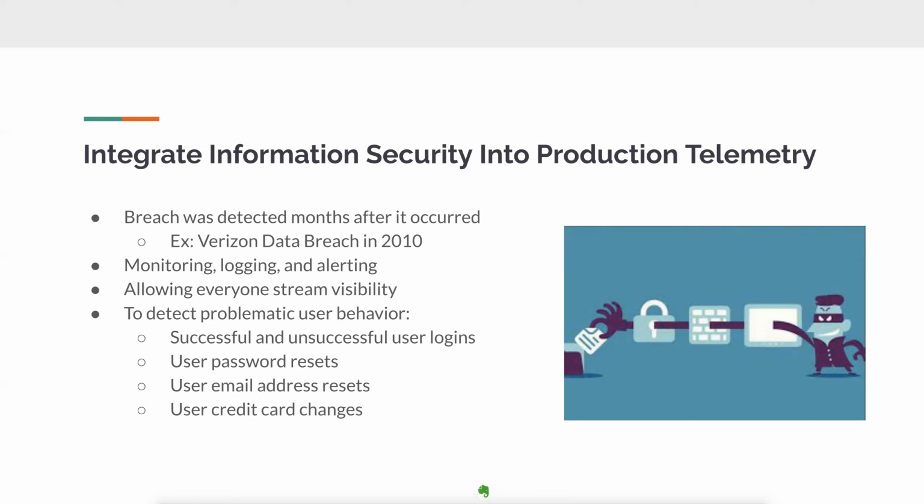When we deploy monitoring and logging and alerting, we employ these things so that we can fulfill security objectives throughout our applications and our environments. Integrating security into telemetry, into these same tools, gives everyone in the value stream visibility into how our applications and environments are performing.